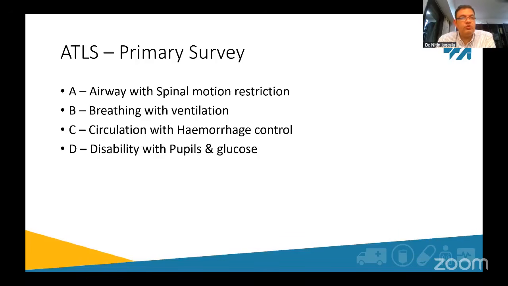Disability always goes with pupils, so looking for intracranial injury and any focal neurology, and of course sugar, the glucose, goes with disability. And then, as we know, the most important part also is environmental control. We need to expose, we need to see the patient top to bottom, front and back. So we'll have to expose them, but we have to make sure that they're not getting hypothermic.